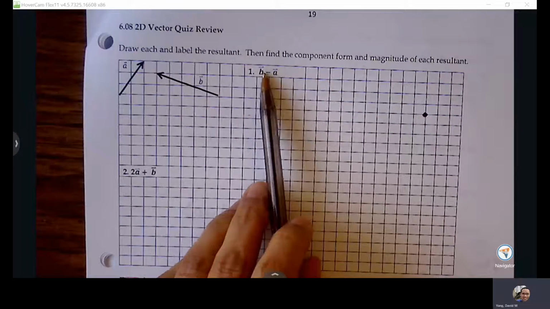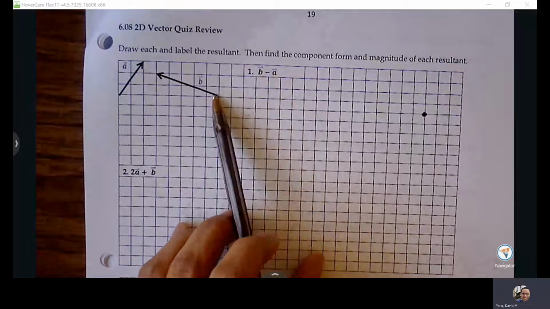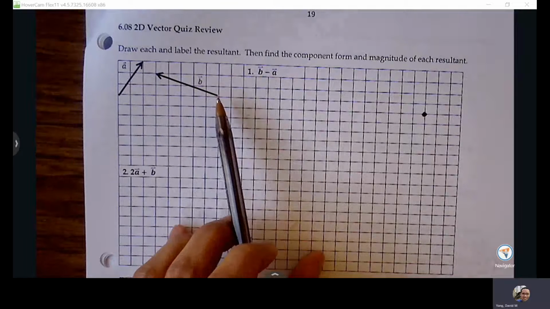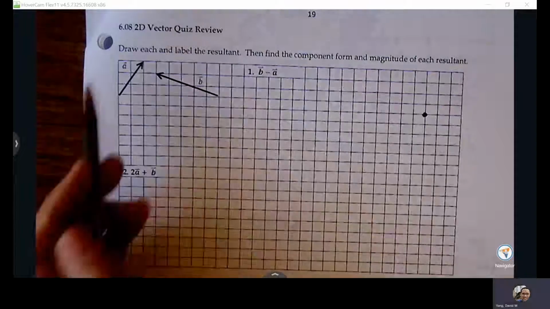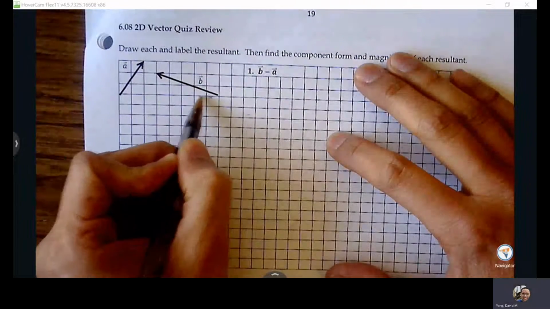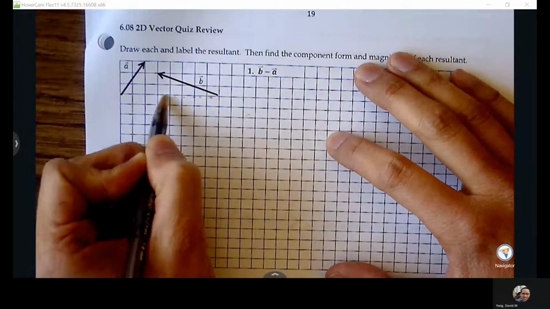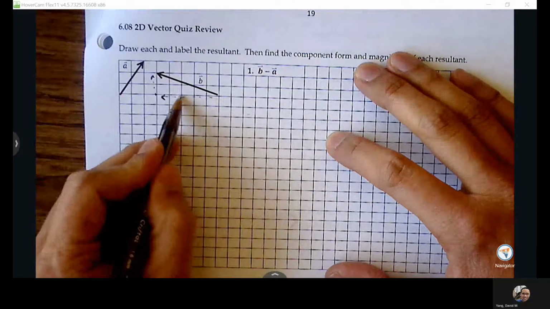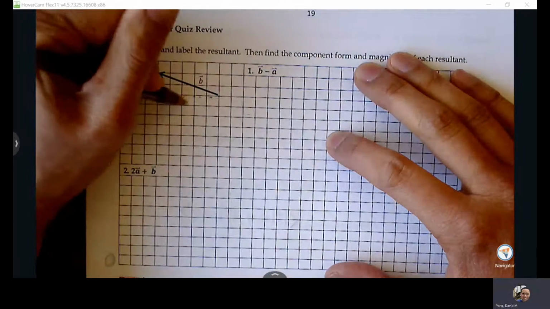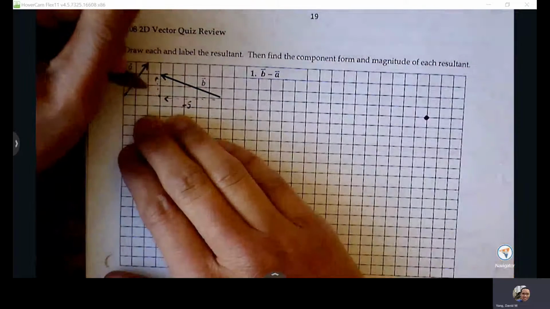So I'm going to follow the path of vector B. So vector B is rise over run here. So I'm going to go, well, I can go left. Left 5. And then up 2, right?